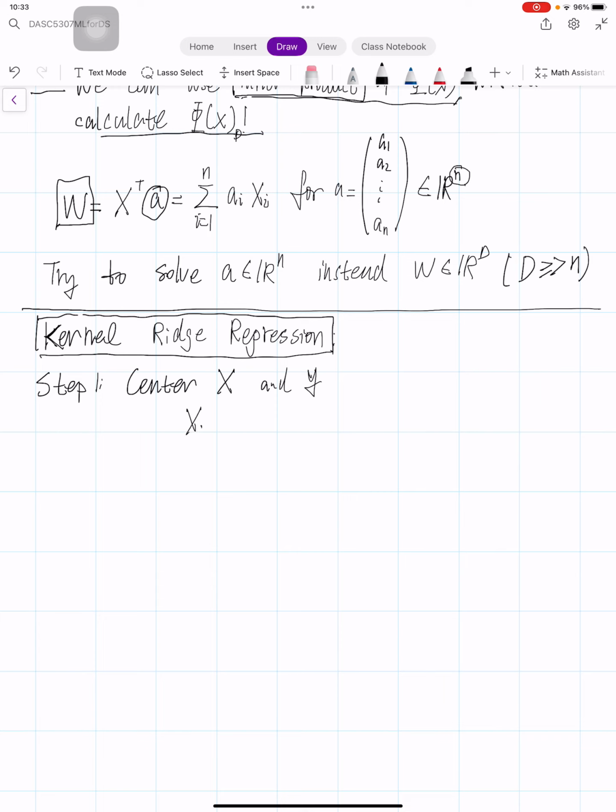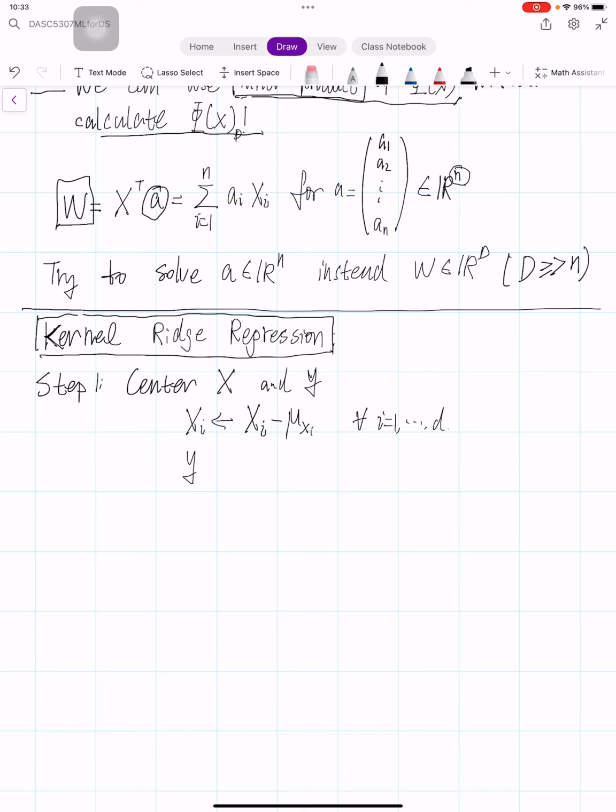For each feature, we shift x_i by the average, x_i minus mu_{x_i}, for each i equals 1 to small d.